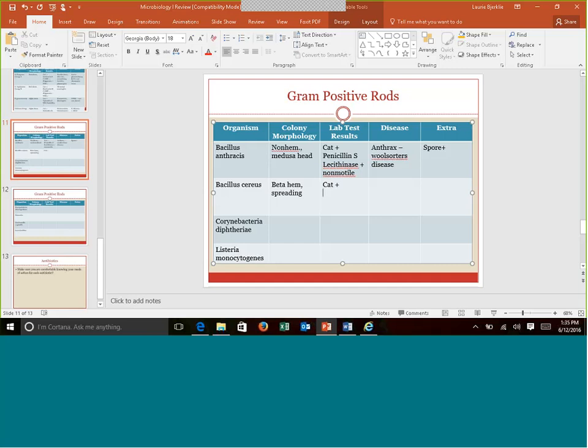Catalase positive, penicillin resistant, still lecithinase positive, and they are motile. So you have a couple of results there that will help separate them from the anthrax. Two diseases is all I asked you to know with this one: eye infections and food poisoning. Again, they form spores.